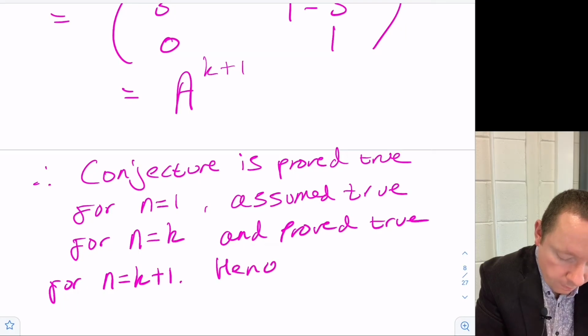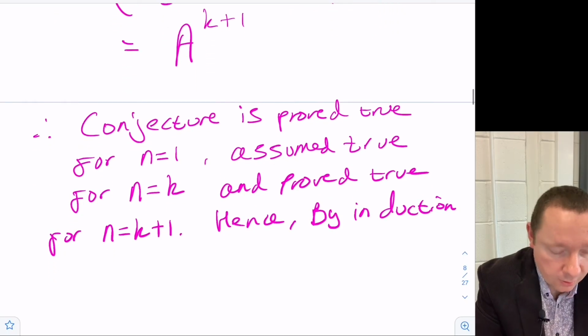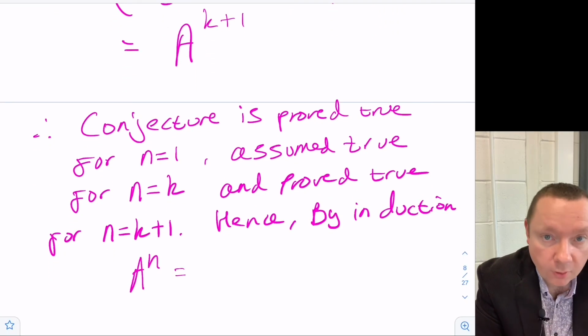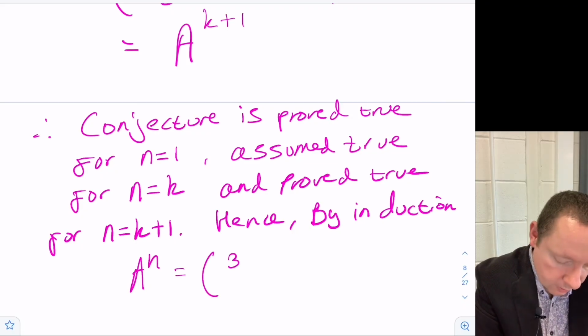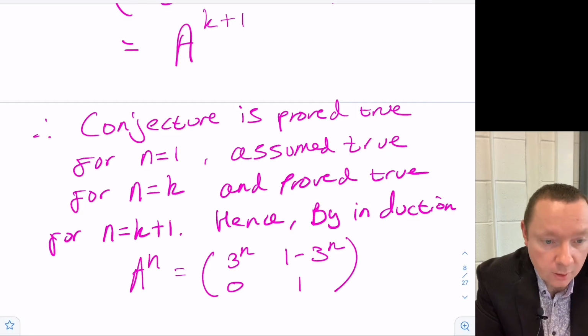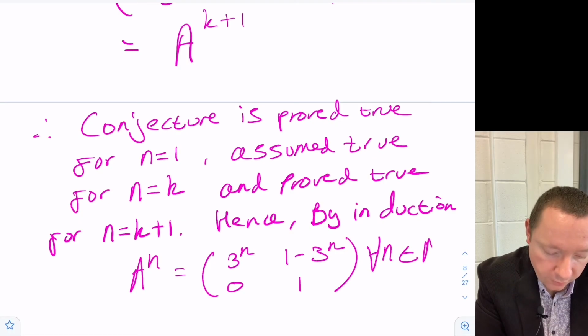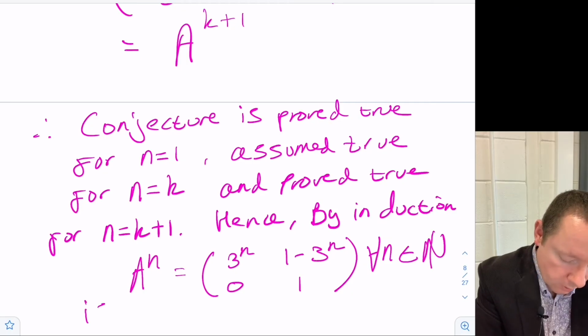So hence, by induction, a to the n equals 3 to the n, 1 minus 3 to the n, 0, 1, for all n a member of the natural numbers is proved true.